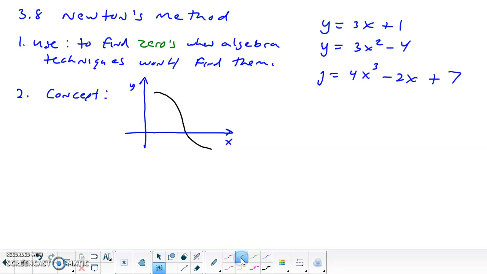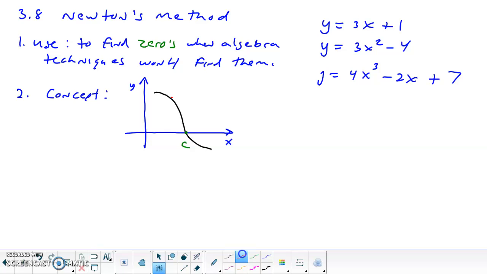And I would hope that you would agree that that value right there is indeed the x-intercept, the 0. And so what we're after is that point. And how in the world are we going to find it? Well, here's the concept. Here's Newton's method.